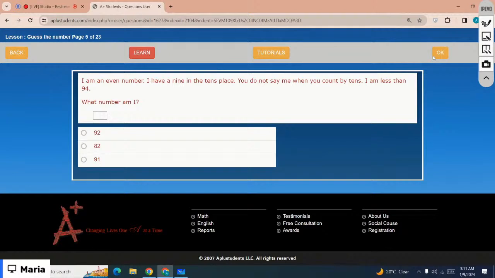I'm an even number. I have a 9 in the tens place. You do not say me when you count by tens. I'm less than 94. Which is the correct option?